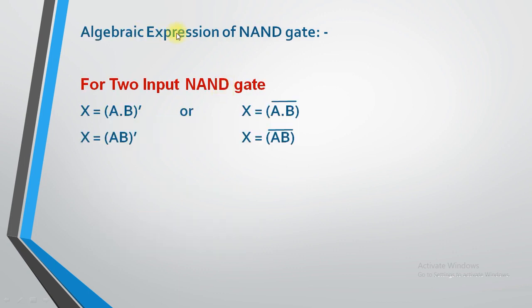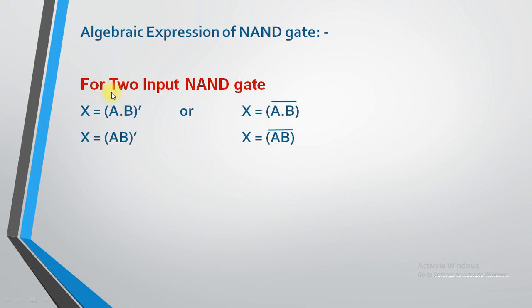Next is the algebraic expression for the NAND gate. Inversion can be referred to by a dash or by a bar. Now see, in the formula we are combining the AND gate with the NOT gate, right? So the AND gate can be represented by either A dot B or AB, and the NOT gate can be represented by either dash or bar.